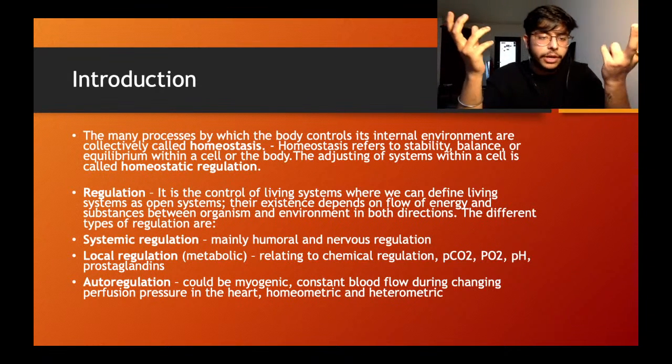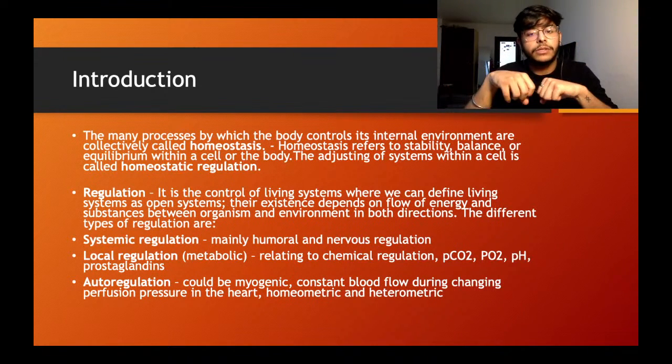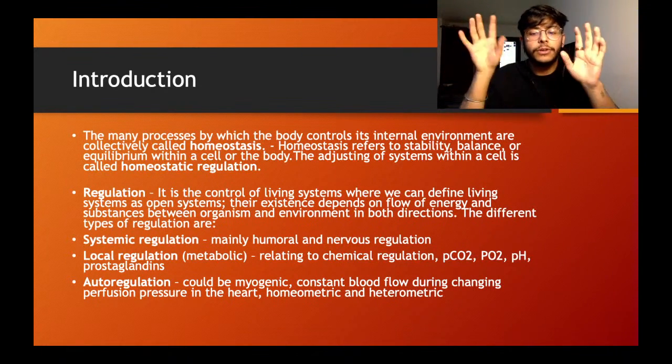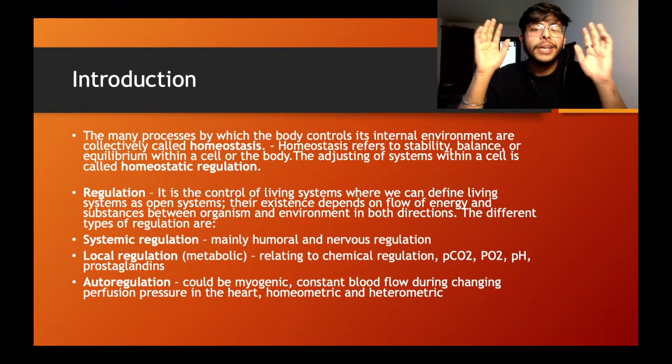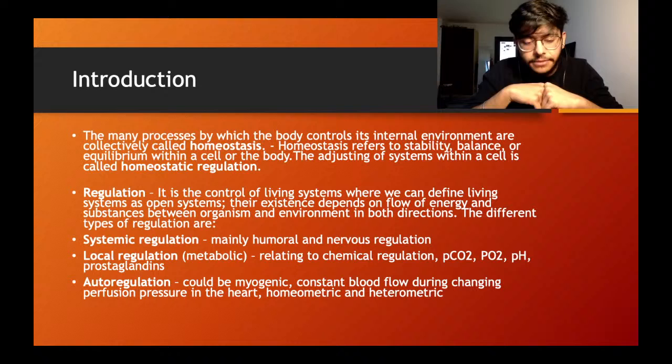Humoral, which is endocrine, from the hypothalamus and the hypophyseal portal systems, and n number of other organs as well. But that's all for endocrine physio, which we're not going to get into. Nervous regulation is the autonomic nervous system.